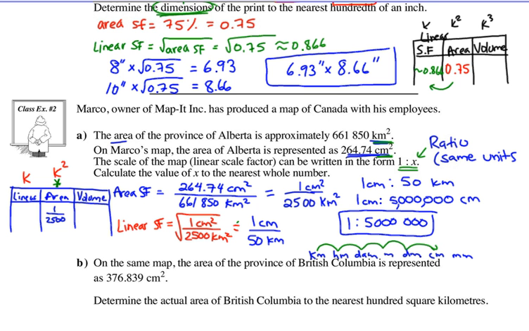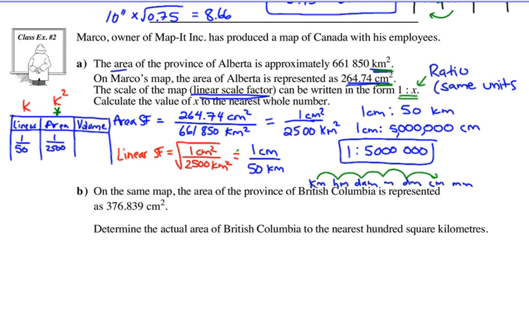Okay, now it's very important that when we convert units, we have to make sure they're linear units to convert them. We haven't been taught yet how to convert an area unit to an area unit. It's very different than converting linear units. So if you have to convert units, you have to change it to a linear scale factor first and then convert the unit. So on the map, I'm just going to write 1 over 50 just in case we need that later.